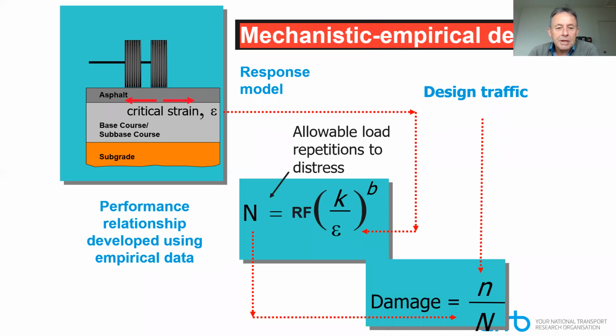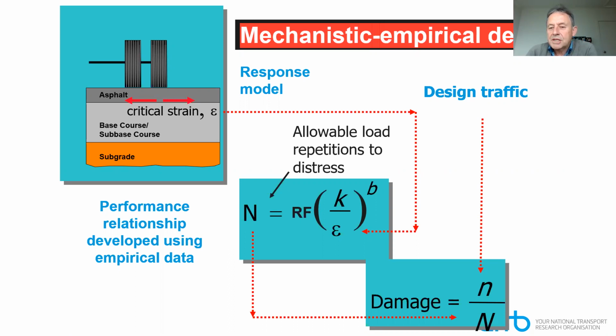And from that critical strain, we calculate the allowable load repetitions of that strain. We do that with performance relationships that we've discussed in previous weeks, like the asphalt fatigue relationship or the cemented materials fatigue relationship or the subgrade strain value.